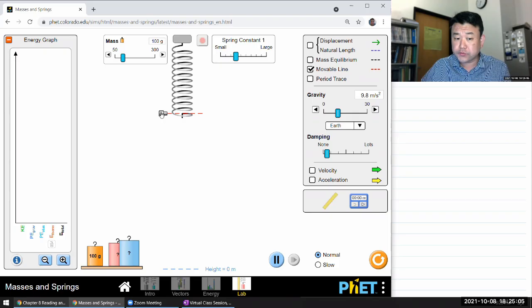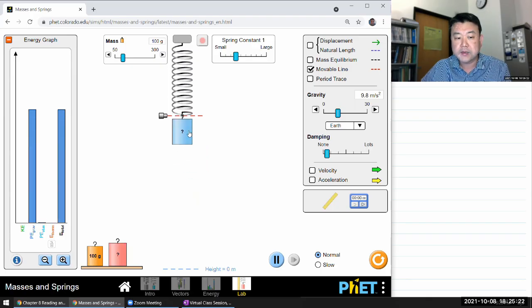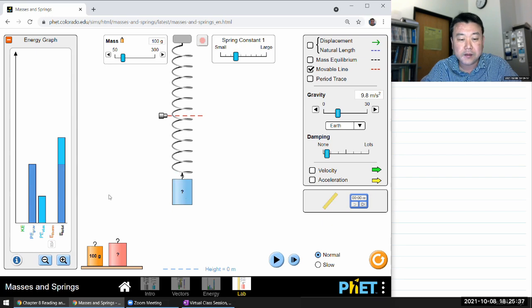And one way to do that might be: this is your spring's equilibrium length. And as you hang this mass, you see this height reference here. Let's keep this reference here. So you can say when the mass is at this height, there's some gravitational potential energy. In fact, that's what the graph on the left is showing.